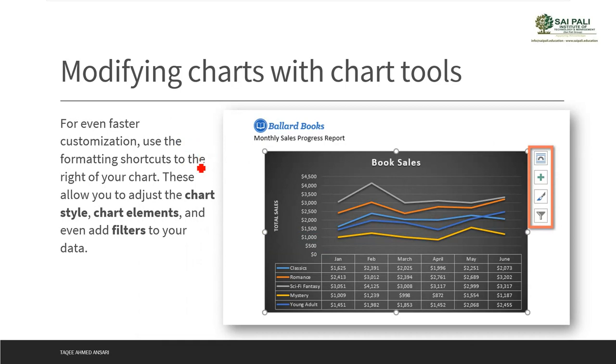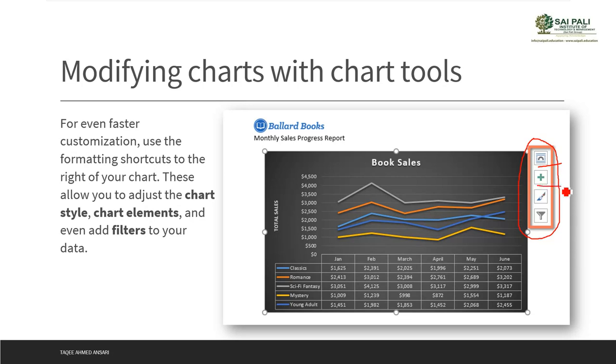Then after that, instead of going to the design tab and changing the chart style, chart elements, those things, we can directly change those things from this quick menu. So when you select the chart, you will see this quick menu. From here you can manage the chart location, like alignment.